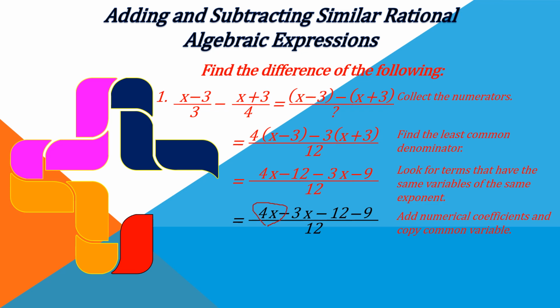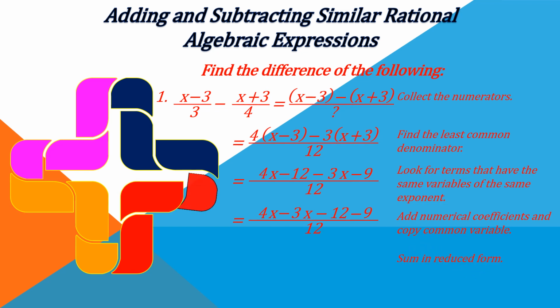This is 4x minus 3x. We said we will add, but since they are signed numbers, 4x plus negative 3x is equal to x, and negative 12 minus 9 is equal to negative 21 over 12.